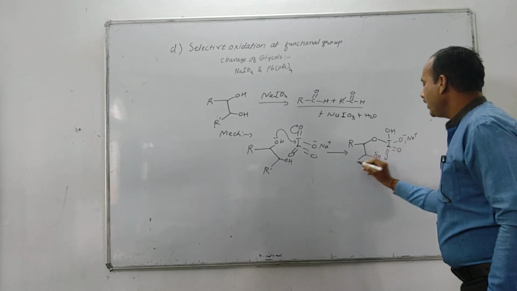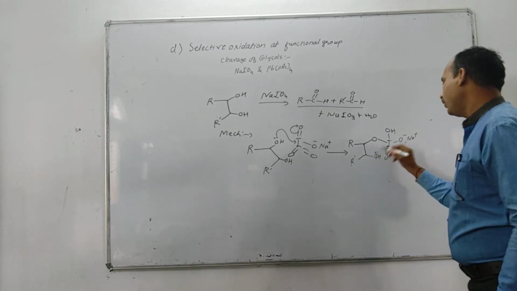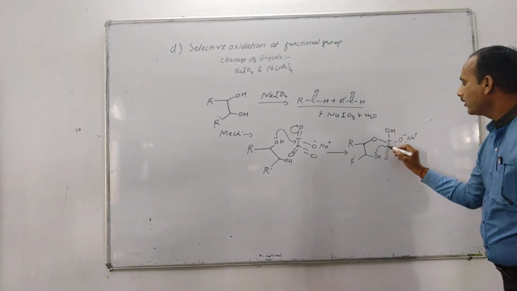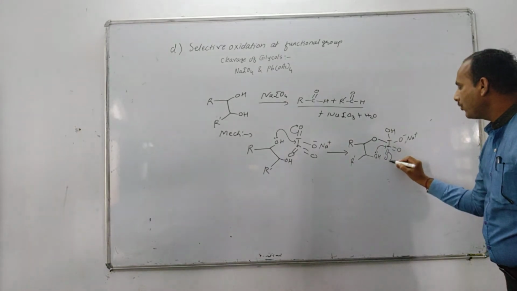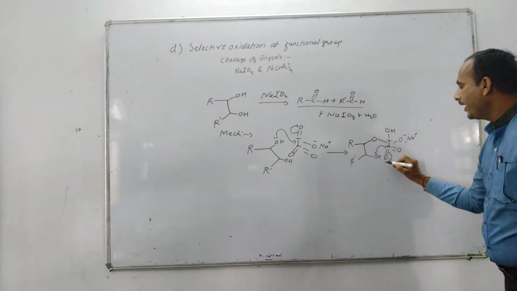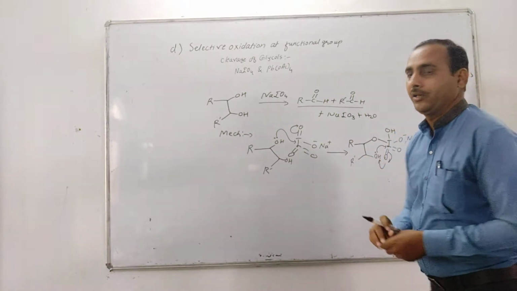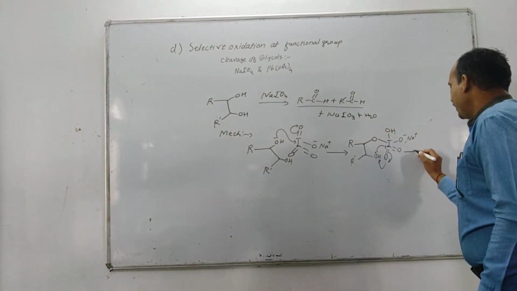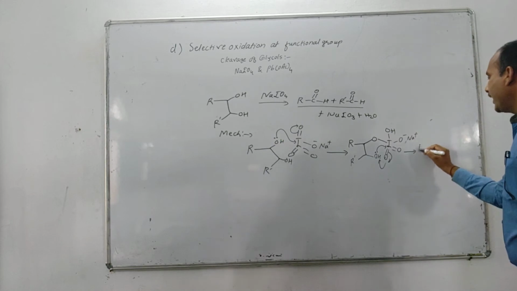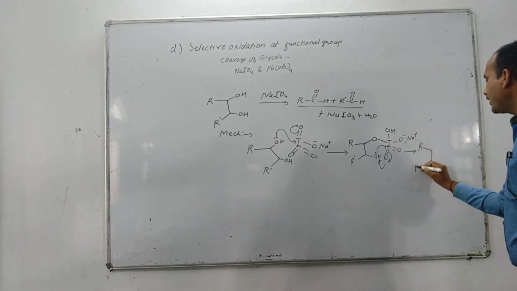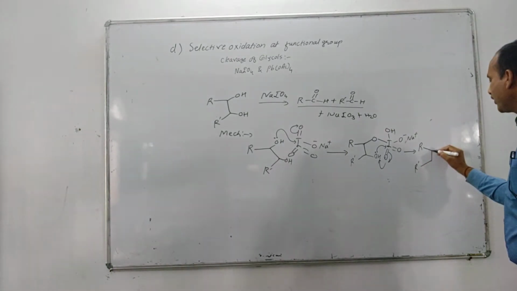Now again the other lone pair of oxygen attacks on iodine, there is O minus, and this O minus takes the proton. Again the lone pair of oxygen is retained. So that again the cyclic iodate ester is formed.